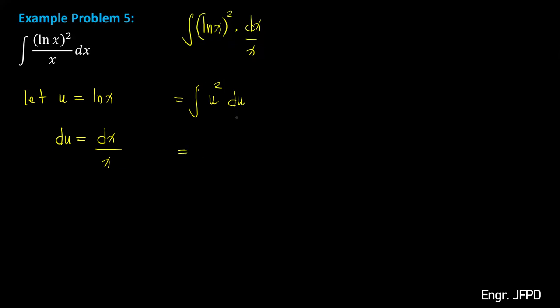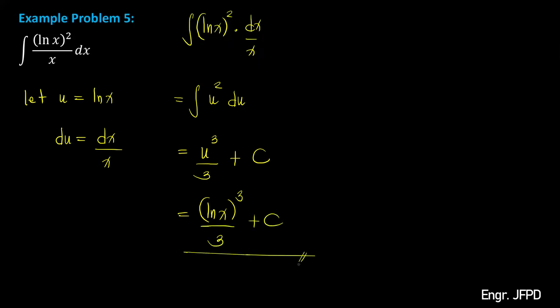We will notice now that we can apply the power formula for the integral of u raised to 2, which is u raised to n plus 1, which is 2 plus 1, that is 3, over 3, then plus c. And apply back substitution, our u is equal to the ln of x, then raised to 3, over 3, then plus c. And this will be our final answer for the integral of the ln of x raised to 2 over x dx.